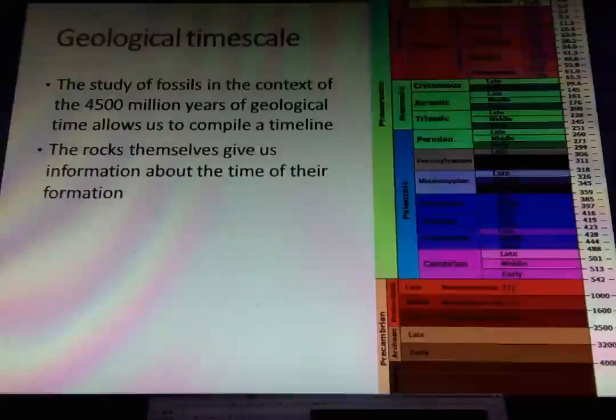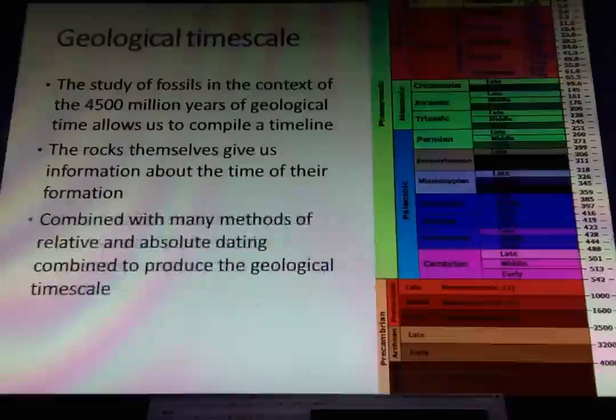So if we know the age of a rock using our previous method, absolute dating, half-life of chemicals, we know a lot of information about how old this rock is and how old the material trapped within it is. So the best approach is to combine various methods that exist. Chemical analysis in absolute dating.